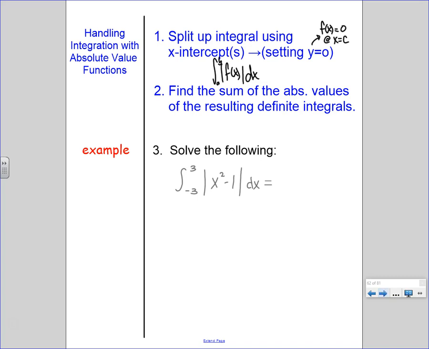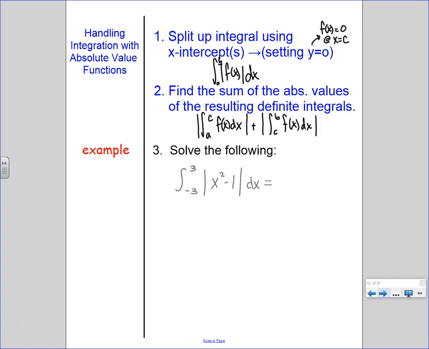Figure out when that happens, which could be just once, or it could be more than once. And once we figure this out, once we split it up, then we go ahead and say, all right, let's take them from a to c of the function, absolute value of the whole thing, plus, now it's time to go from c to b of the function, absolute value. And then we solve like normal.